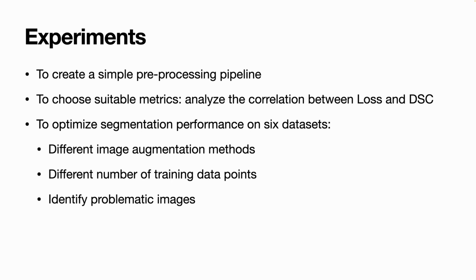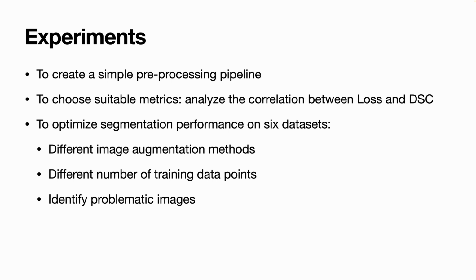Now, from the setup that has already been presented, the experiments will be conducted with the following focuses. Firstly, there will be an experiment to select the suitable metric to evaluate the segmentation performance.